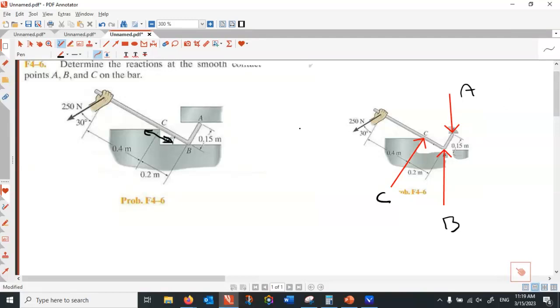My first condition is the structure doesn't move horizontally. That is condition number one. Condition number two is the structure doesn't move vertically. And the third condition is the structure doesn't rotate. So which condition is easier to apply to begin with?